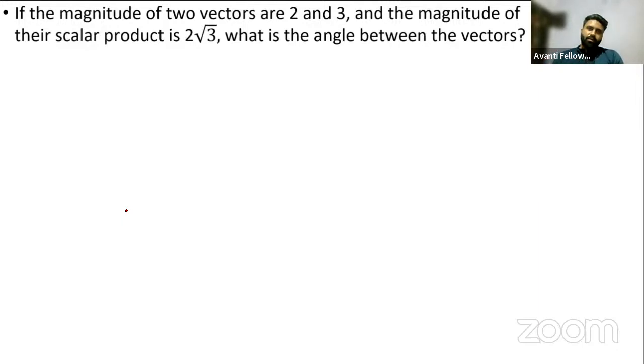Okay. So try to solve it. I'm giving you one minute. The magnitude of two vectors are 2 and 3, and the magnitude of the scalar product is 2 root 3, then what is the angle between the vectors? It's a very simple question. Try to solve it.